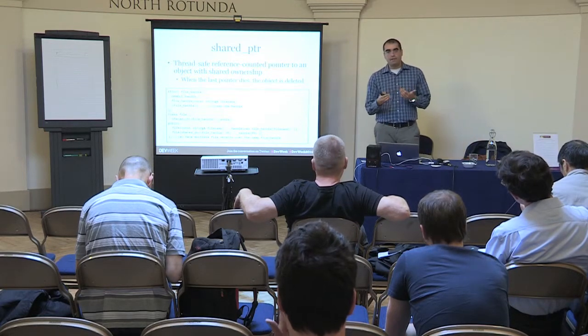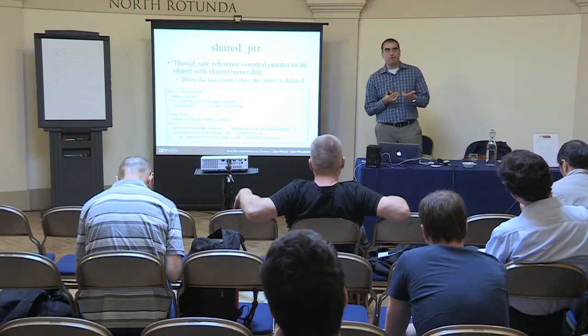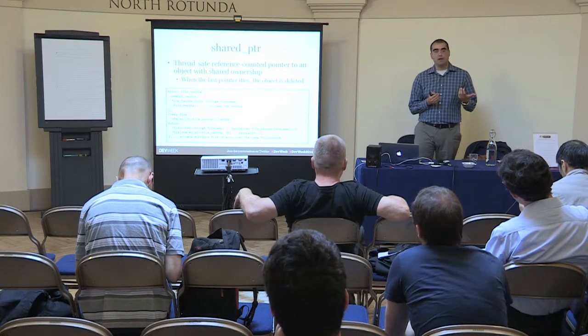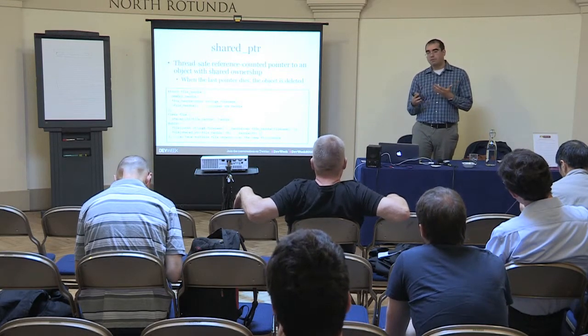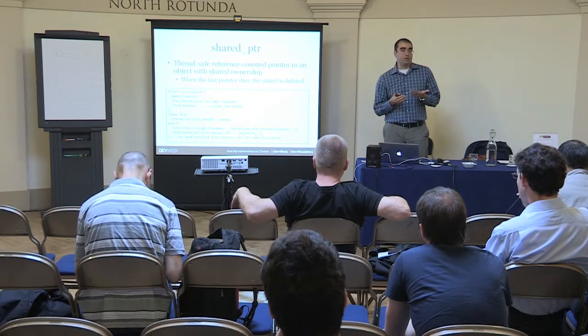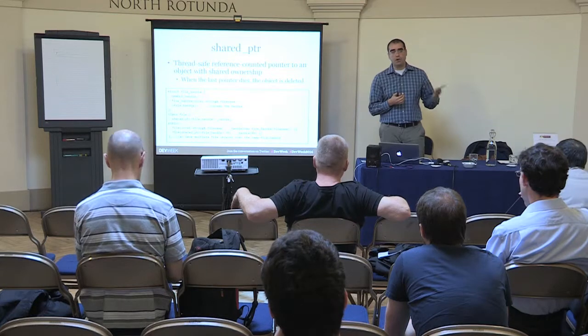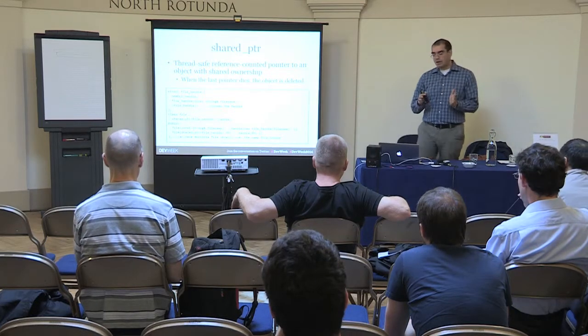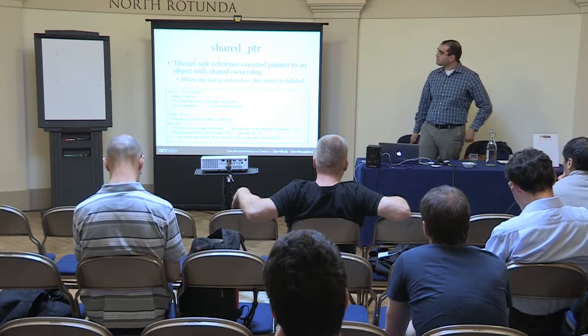And so you can definitely design APIs that take shared_ptrs or return shared_ptrs if you know that the resource probably should be shared. If you know that there's only one owner for a resource, you can definitely use unique_ptr, which is more efficient. I'll have an example coming up.